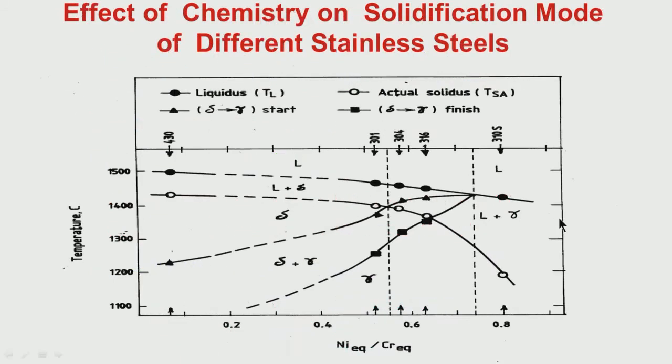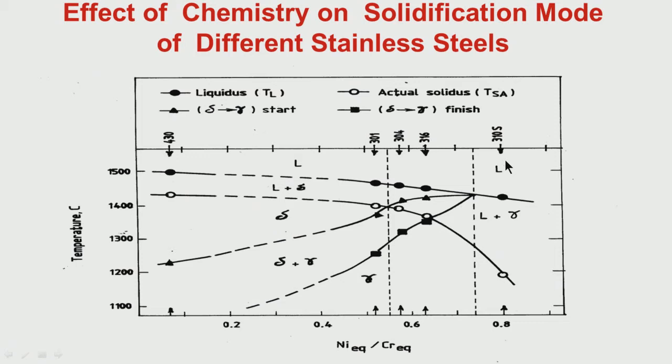That is what we have shown in this figure. This nickel equivalent by chromium equivalent we have plotted along this horizontal axis. This is the temperature. All the popular grades I have put: 430 is a ferritic grade, 301 almost austenitic, 304 we are increasing austenite, 310S totally austenitic grades.